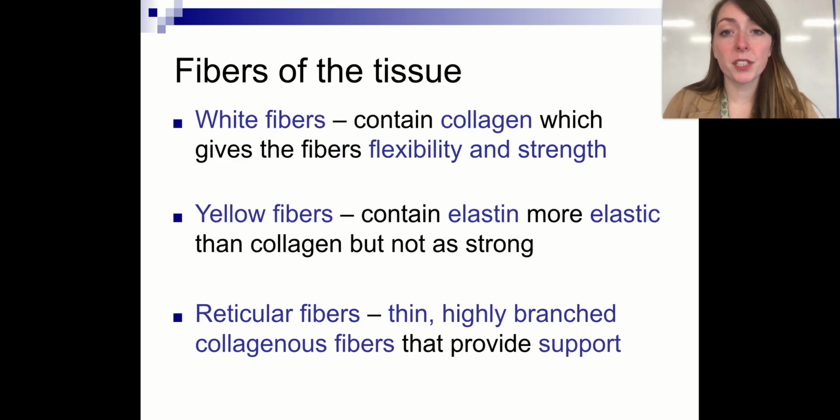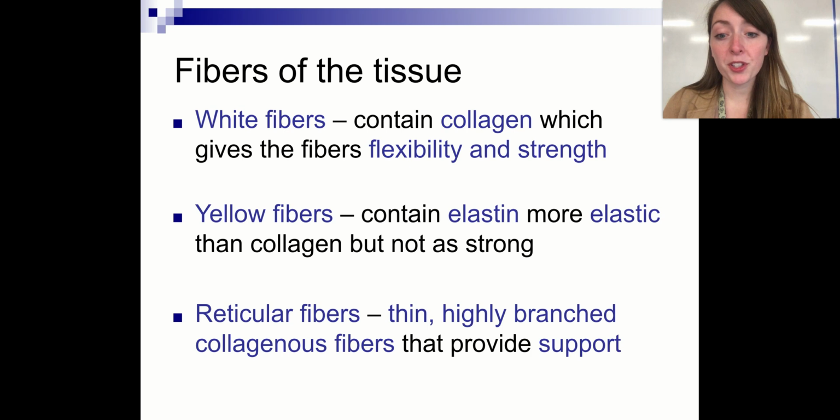There are a couple different fibers that are going to be found within connective tissue, and depending how many of each fiber it has, it's going to determine its properties. So white fibers contain collagen, so they're very flexible and strong. Yellow fibers contain elastin. They're more elastic and not as strong, so more stretchy.